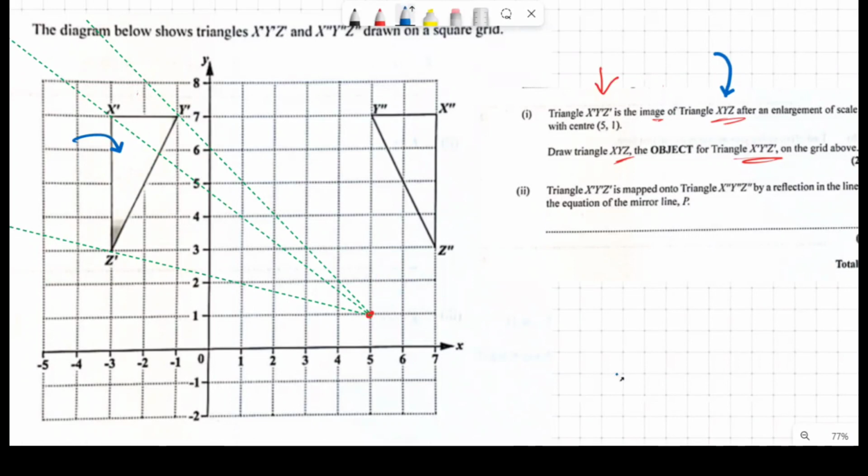Halfway. So you can check how far you travel to go there and go half of it. For example, look at this. How far did you travel from here to go down to Z? Let's focus on Z. 1, 2, 3, 4, 5, 6, 7, 8, and then 2 up.